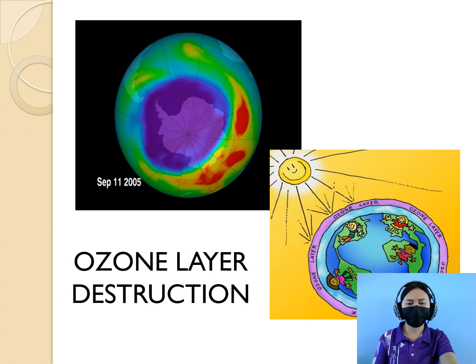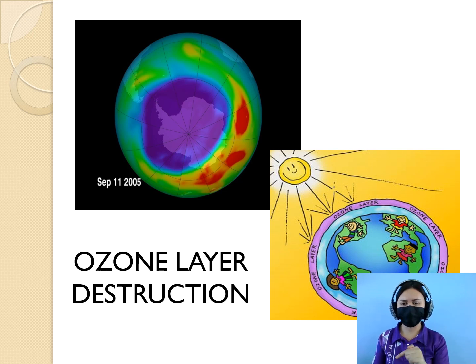Ozone layer destruction. You see this purple color? This should protect us from UV rays. And because of our bad activities, the ozone layer is now so thin.